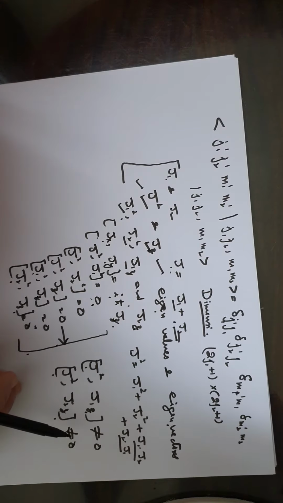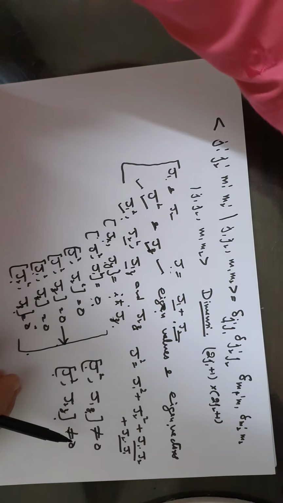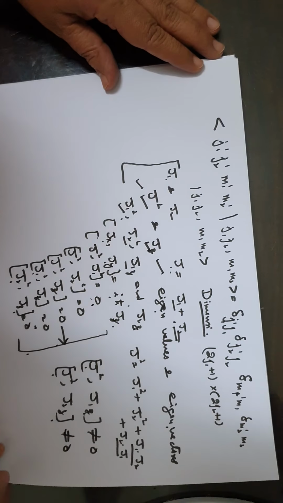Using these commutation relations, now we are in a position to write down the simultaneous eigenket.